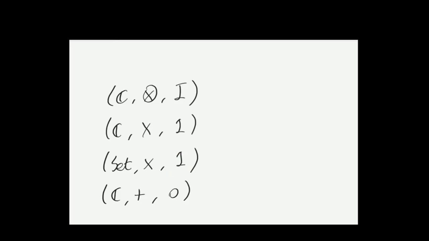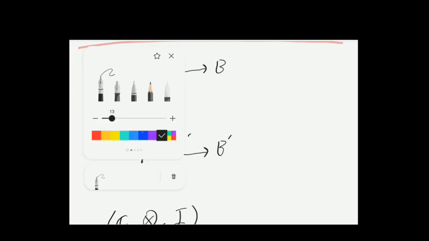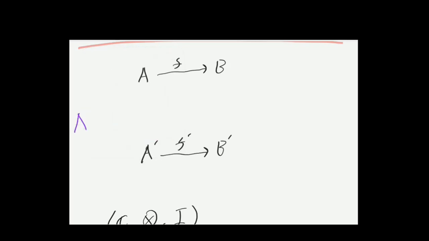So I've already argued that that's a monoidal category, but one thing we ought to be able to do is that if we have a function f from a to b, and a function f dash from a dash to b dash, we ought to be able to construct a function from a times a dash to b times b dash.